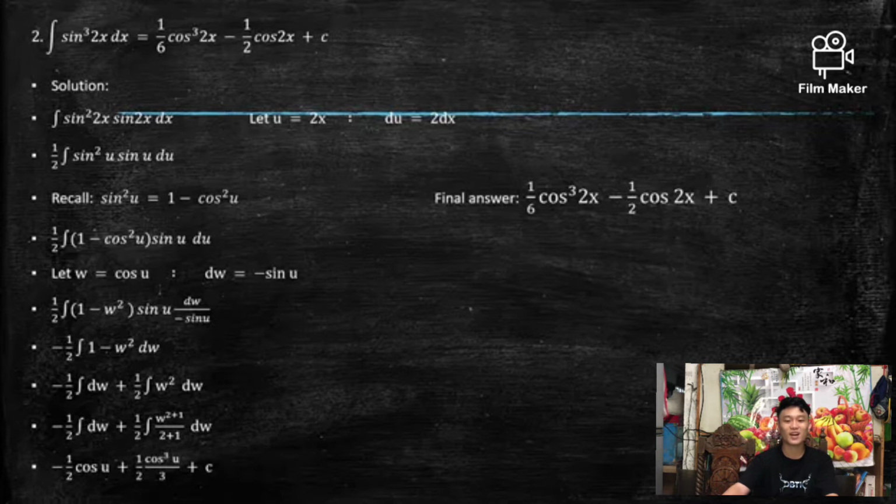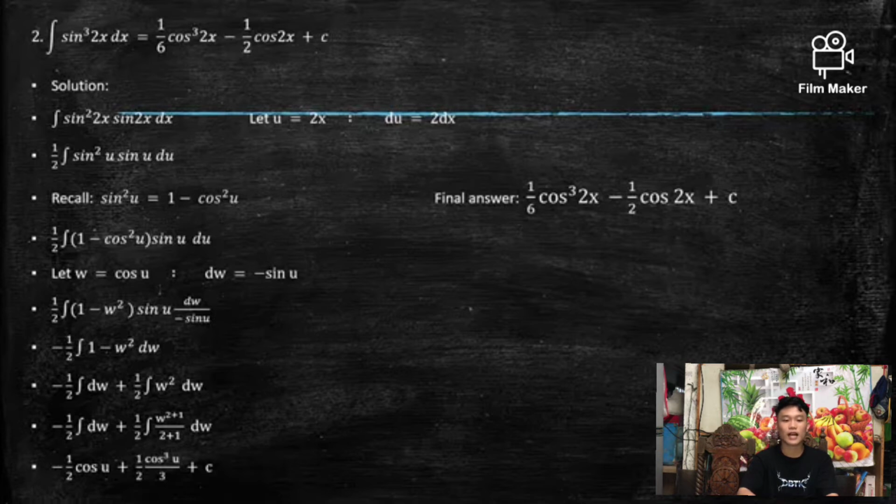We can get this 1/2 integral of quantity 1 minus cosine squared u sine u du. Next, we need to do another u substitution, but in this case, we let w be the variable, letting w equal cos u and dw equal negative sine u du. So we have 1/2 integral of quantity 1 minus w squared sine u multiplied by dw over negative sine u.